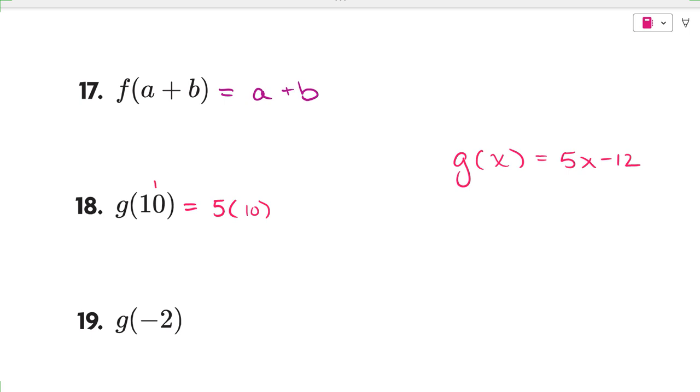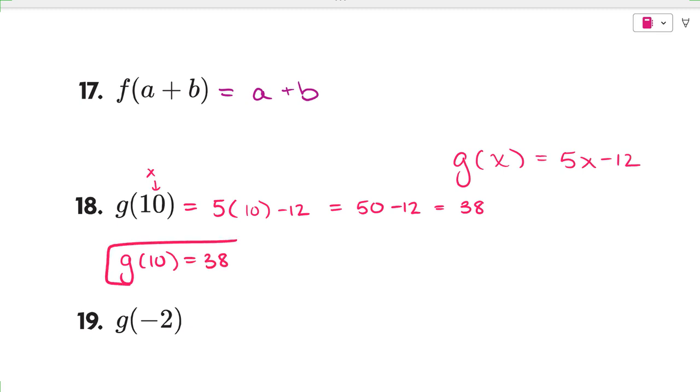I replace, this goes where x was, minus 12. So let's work horizontally. 5 times 10 is 50. 50 minus 12 is 38. I don't have to rewrite it, but just so our answers are nice and neat and clear, the input 10 gives us an output of 38.